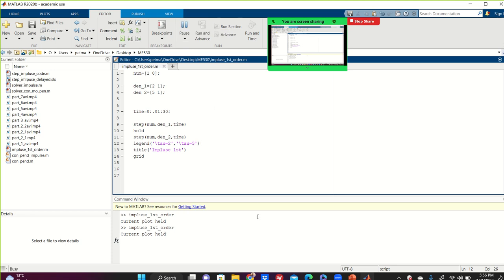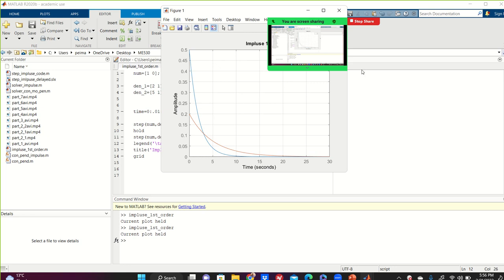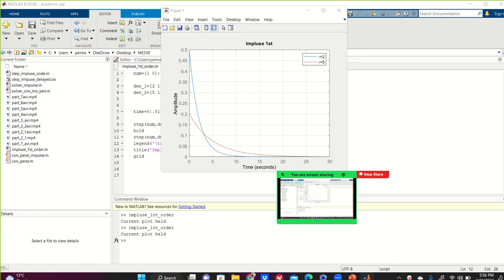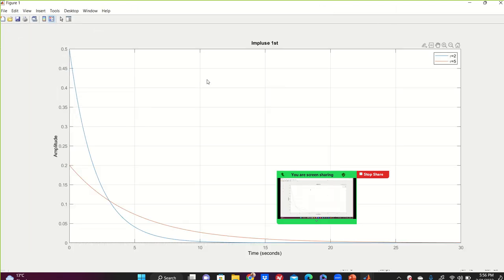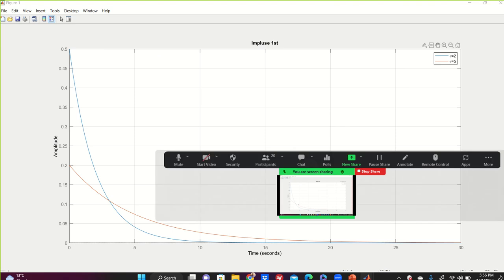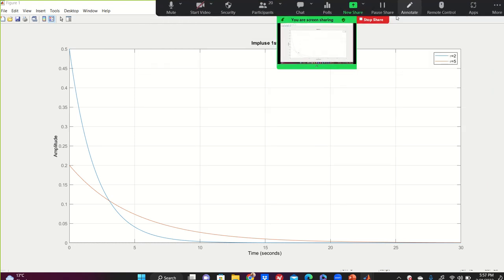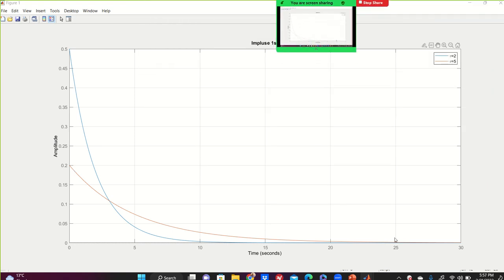here we go. Do you see this? Okay, so see that? With a time constant of 2, the impulse response follows the input, and for an increasing time constant, it takes longer to settle down to 0.